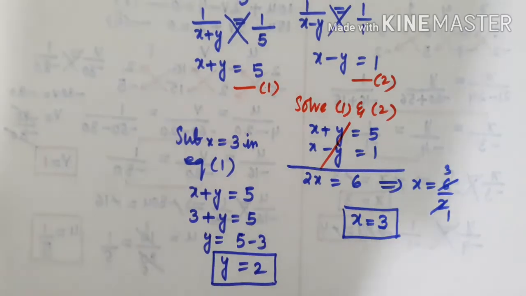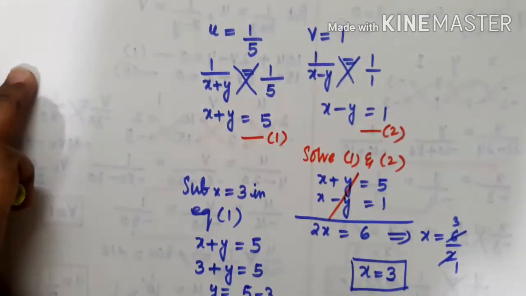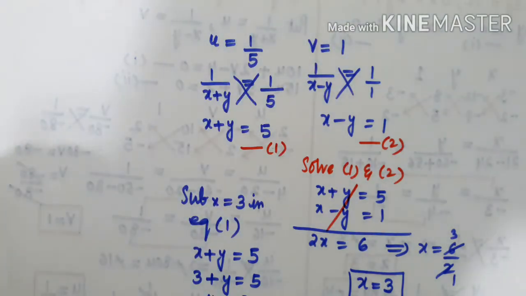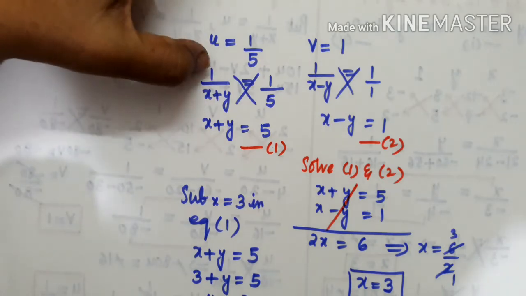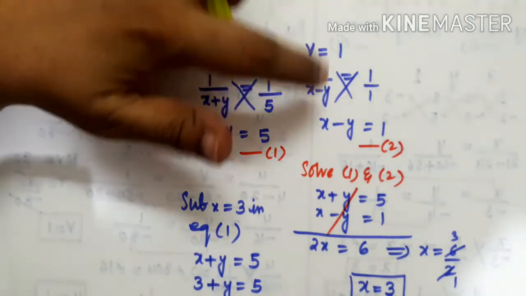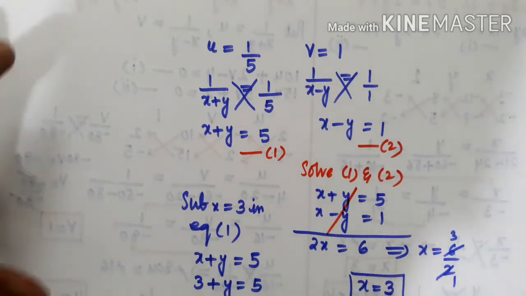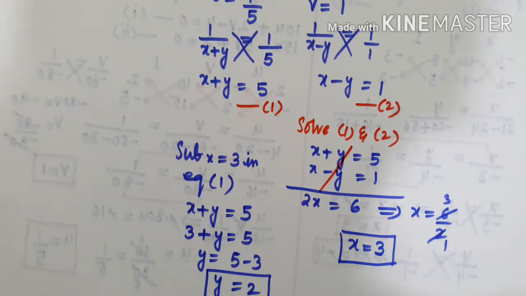So actually the values for x and y are 3 and 2. You don't need to stop at finding the values of only u and v. You have to substitute in the u value, whatever you have assumed, then the v value. In this way you find the values of x and y. I hope you understood. So this is how you have to do all the problems of the cross multiplication method.